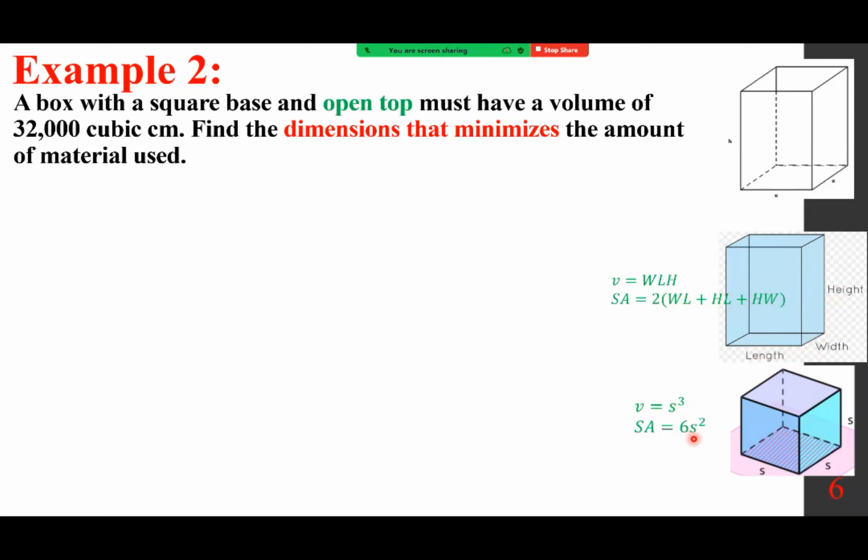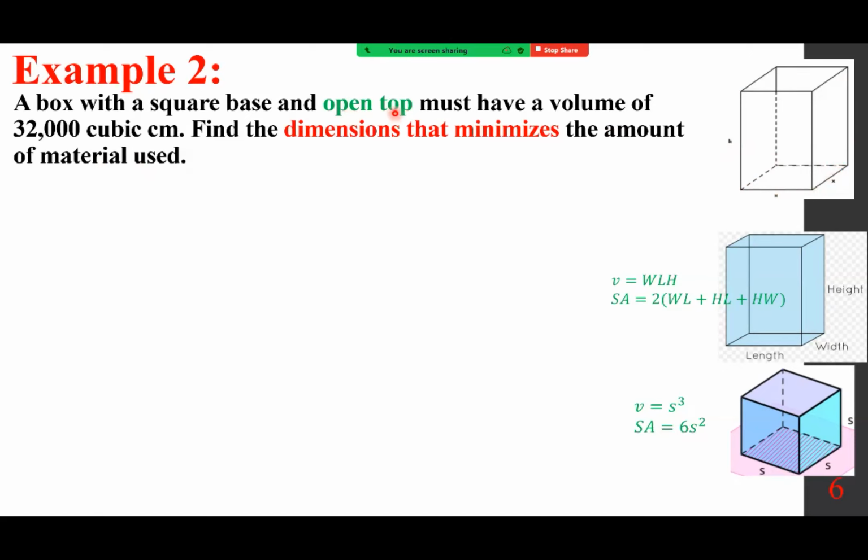Now, in this case, we want to find the objective function, which is minimizing the surface area. Why the surface area? Because we want to minimize the amount of material used. And normally, as you look at this one, this is X, this is X, this is H. So all the walls would be 4XH. Normally, we have X squared at the bottom, X squared at top, so plus 2X squared.